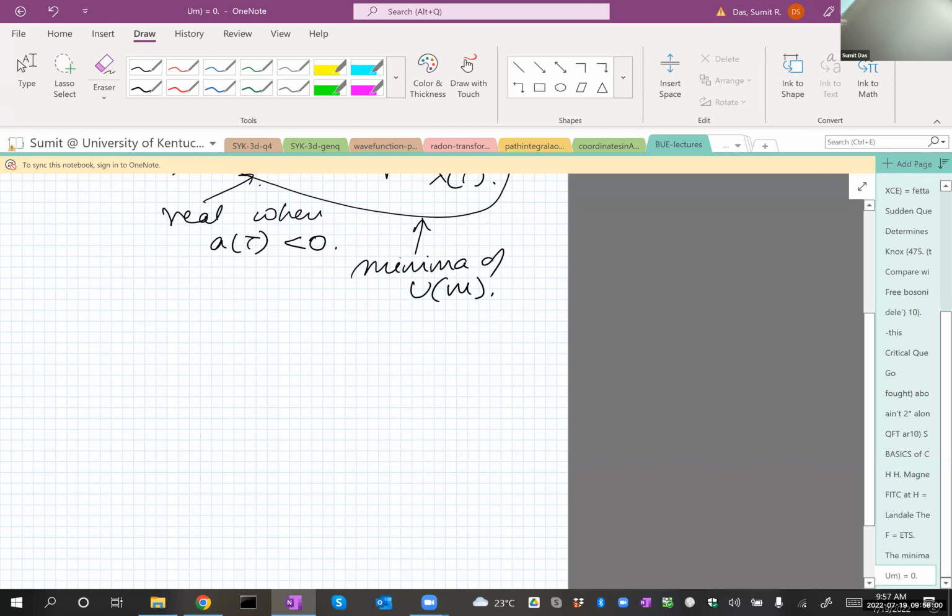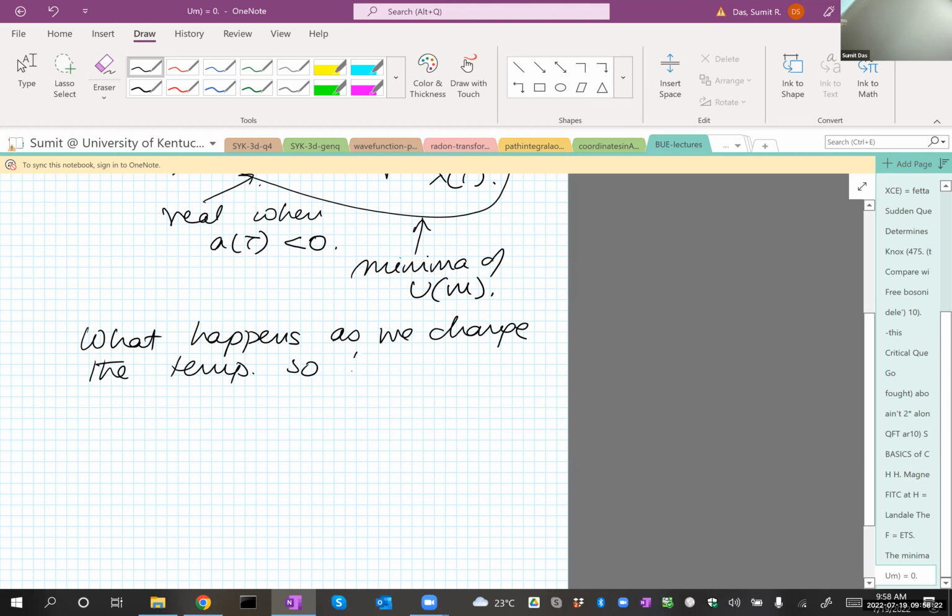I will not go into the ramifications of this beautiful thinking, but let me now focus on what happens as we change the temperature so that A of t goes from negative values to positive values.